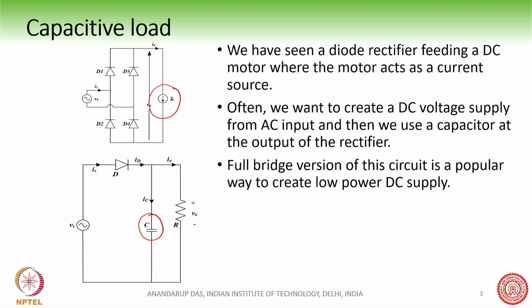Although this circuit with a simple diode rectifier and a resistive load is possible, we will not use it because it is not very popular, and a full bridge version of this circuit will be used.